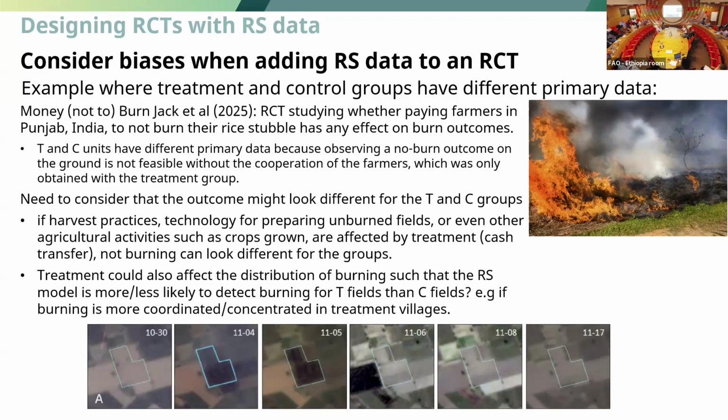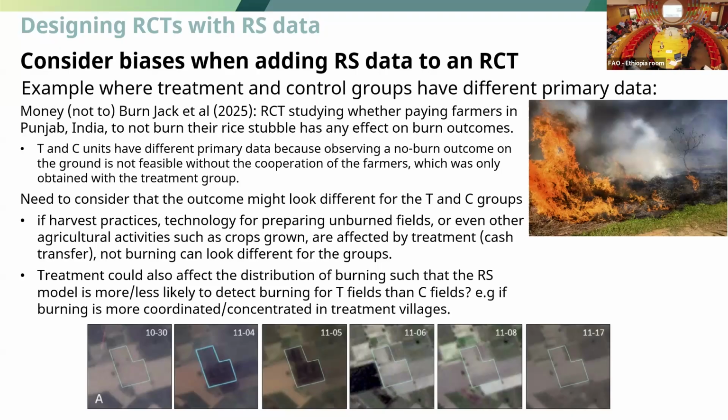The key issue here is that although it might be easier to measure burning using remote sensing data than on the ground, in the case of crop burning, it is really not a trivial thing at all to measure, even with remote sensing data. This graphic at the bottom is showing a typical plot that gets burned on the 4th of November. In an image on the 5th of November, you could still see that it's burned.